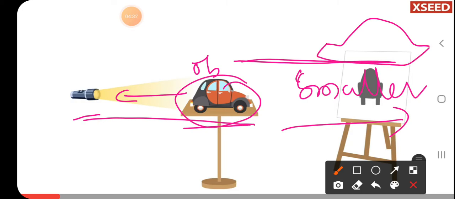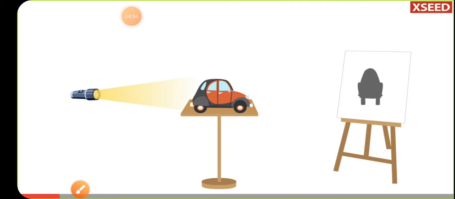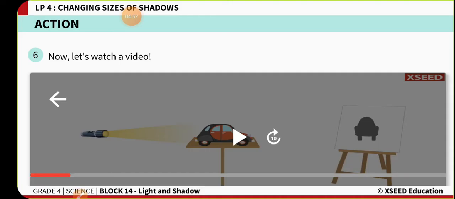Always the shadow size is determined by the distance between the light source and the object. If the distance between the light and the object is smaller, then the shadow collected is bigger. If the distance between the light and the object is bigger, then the shadow collected is smaller. Okay children? Yes.